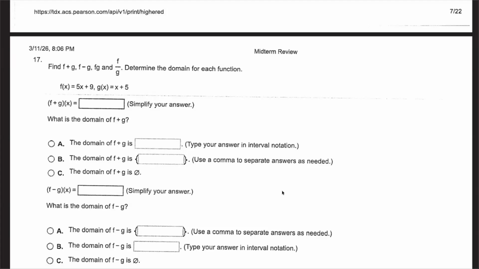And that's all you do. But with the division, you do have to find the domain. If there's a domain problem, you have to find it. So it says we have a function f and a function g.